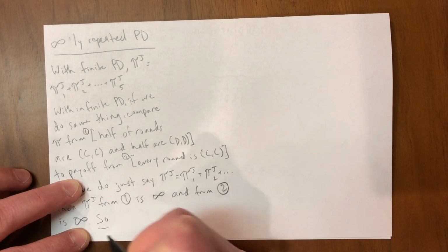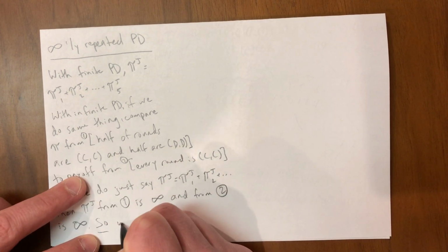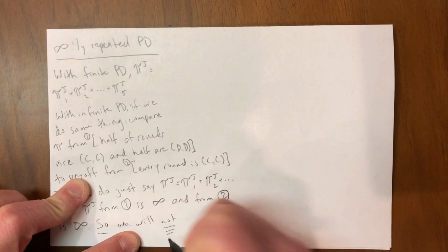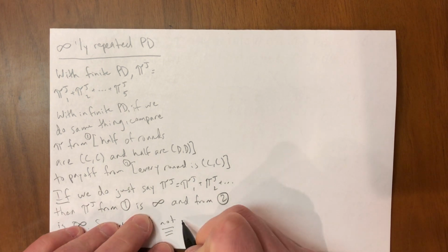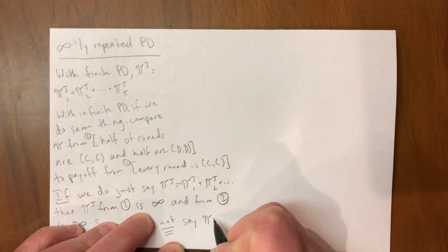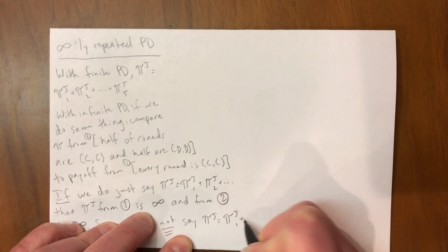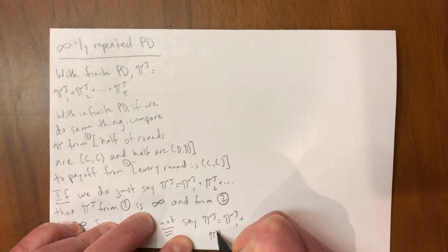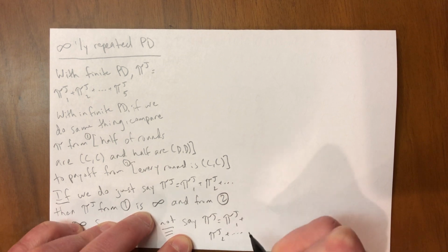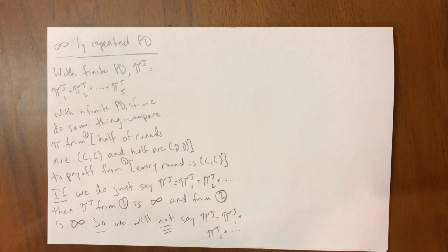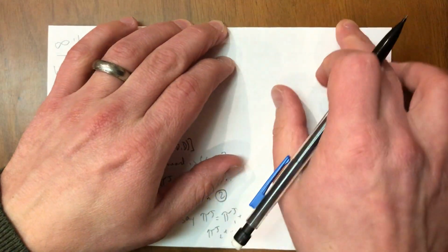So the conclusion here is we will not say just that pi of j is equal to pi j1 plus and so on. That is not what we're going to do. We're going to do something a little bit more clever. We're going to introduce discounting.